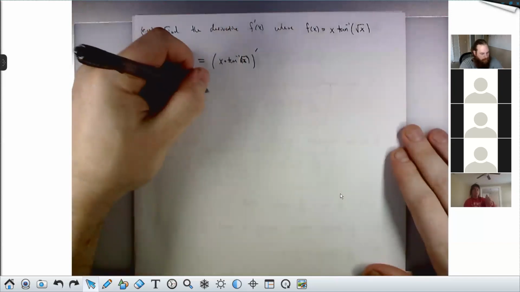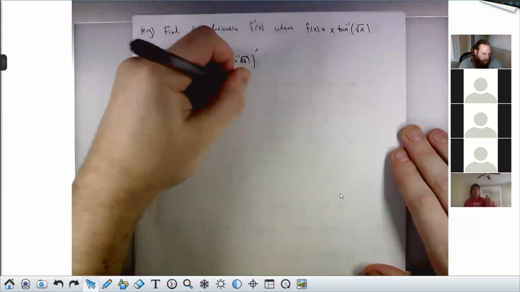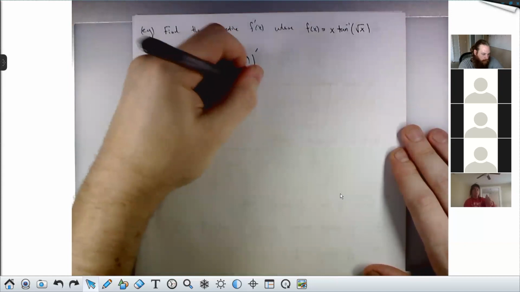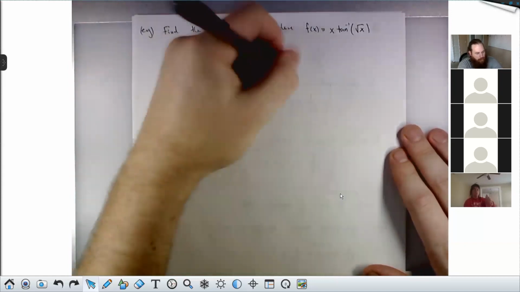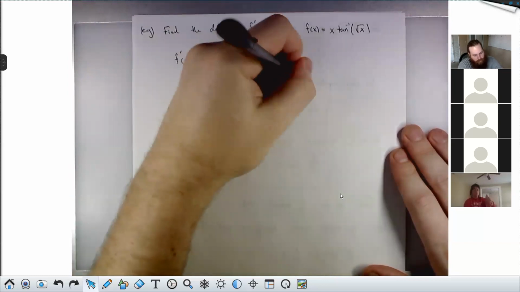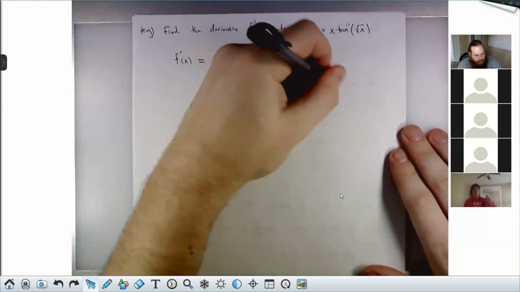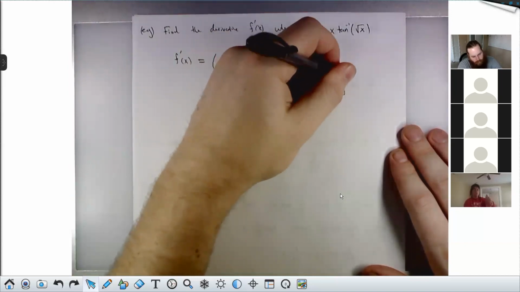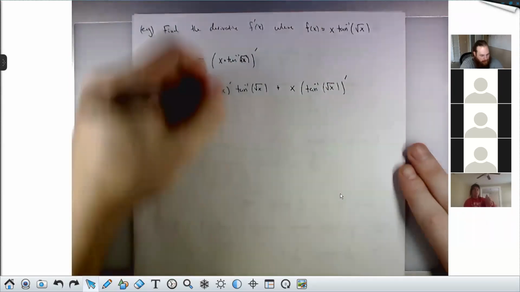So my product rule says, differentiate the x, leave the inverse tangent of the square root of x alone, then add that to what you get by leaving x alone and differentiating the inverse tangent of the square root of x. So there's my schematic. It's my plan.